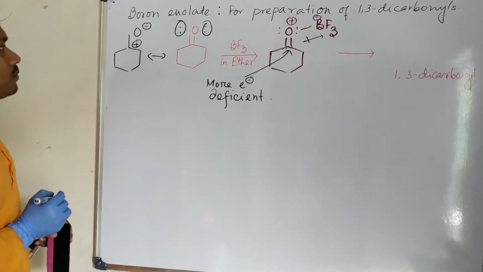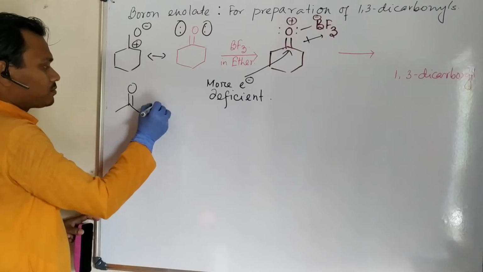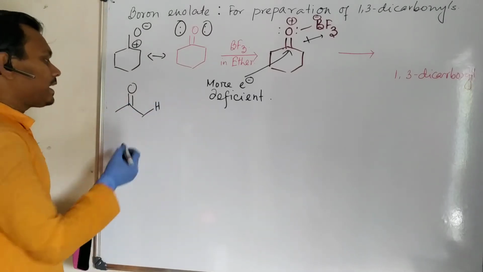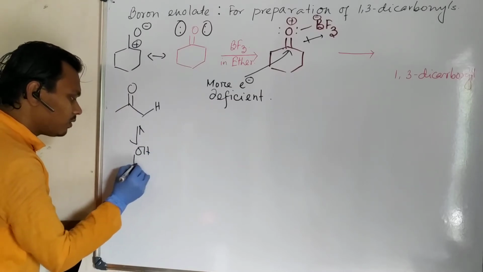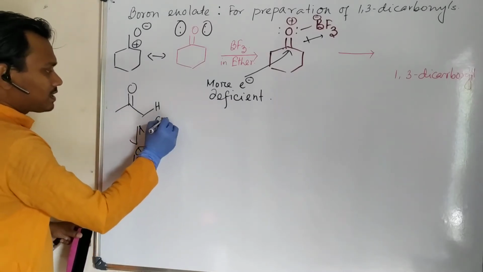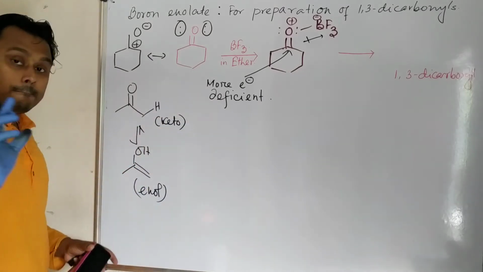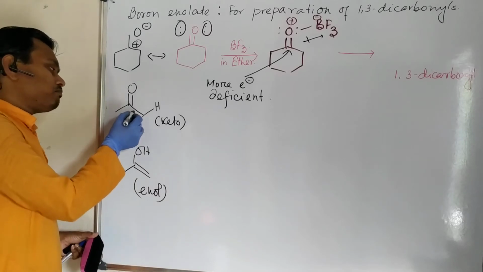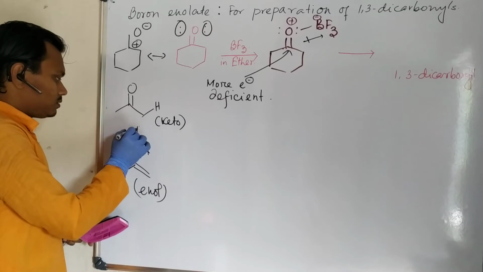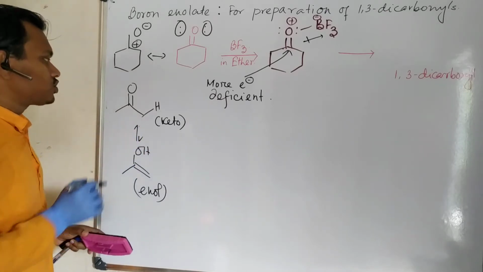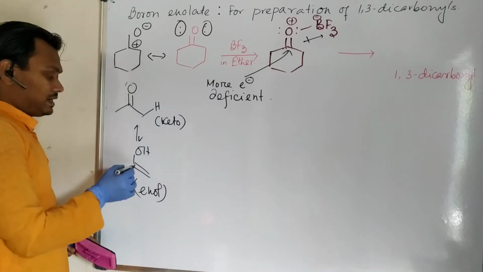Now if you look at any carbonyl group having a hydrogen, we know that it can have tautomerism: this is the keto form and this is the enol form. So this is actually keto-enol tautomerism, but remember that the equilibrium prefers to remain on the keto side because the bond energy of C=O is higher compared to C=C.